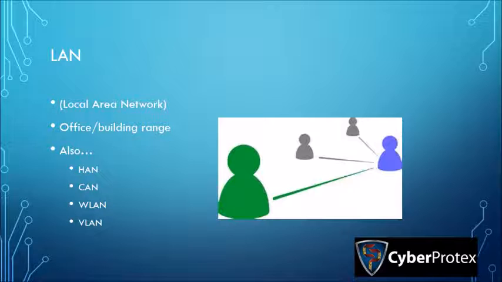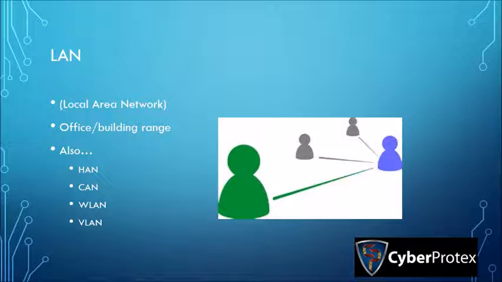Now, there are a couple of offshoots. I say offshoots, I mean types of networks that work in correlation with the LAN. There's the home area network, which is basically a LAN in the home. This will be your connection of computers, your laptops, your cell phones, your TVs, your printers, all of that under one household. Also, there's the CAN.